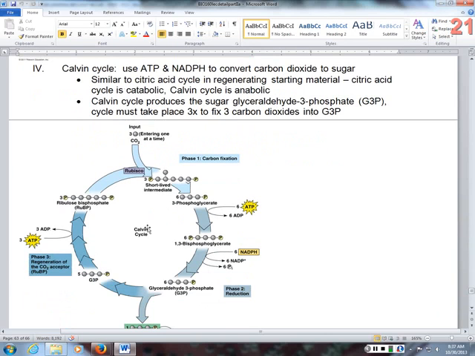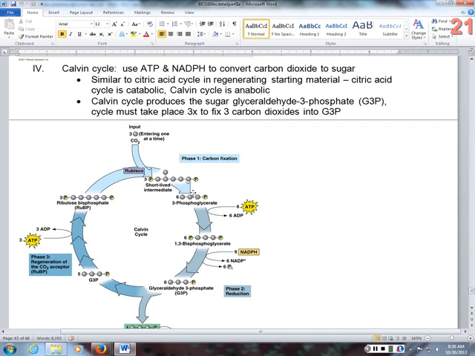So the Calvin cycle. When you look at this thing, it looks a lot like the Krebs cycle or the citric acid cycle, except it's going to be gluing things back on instead of pulling them off like we do in the carbon cycle. So what you're going to have for your input is 3 carbon dioxides enter at one time.